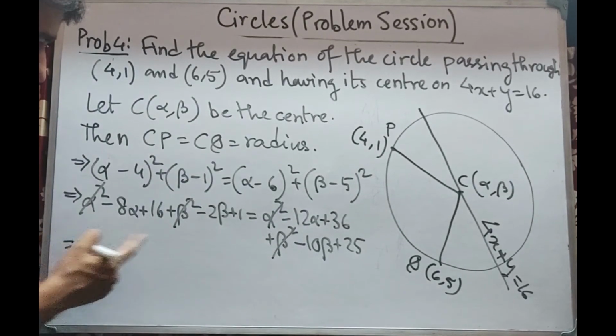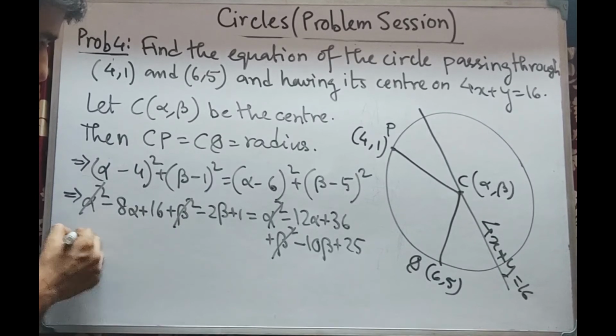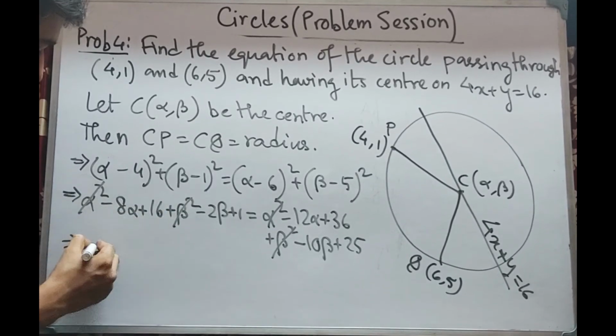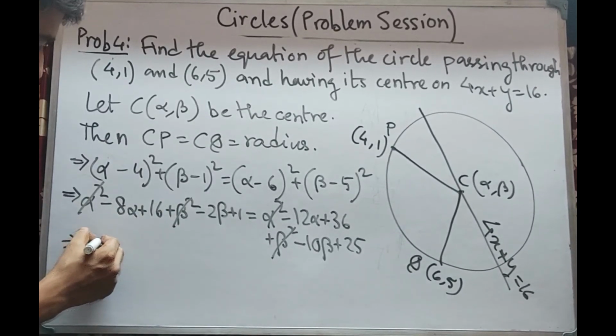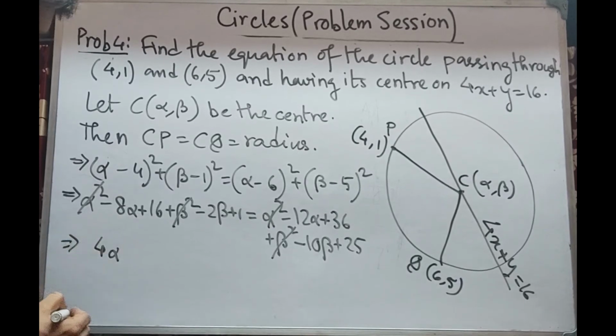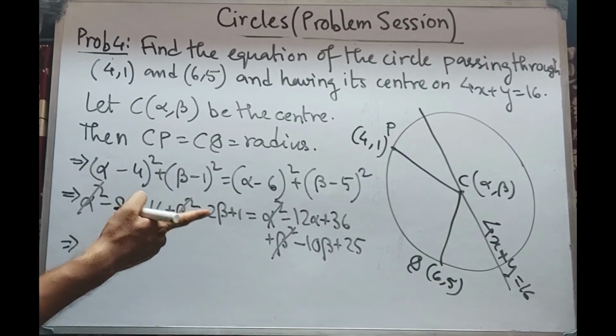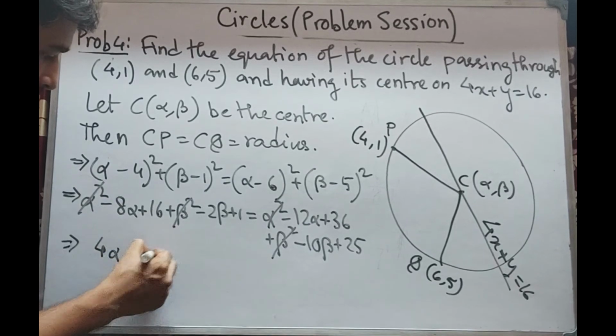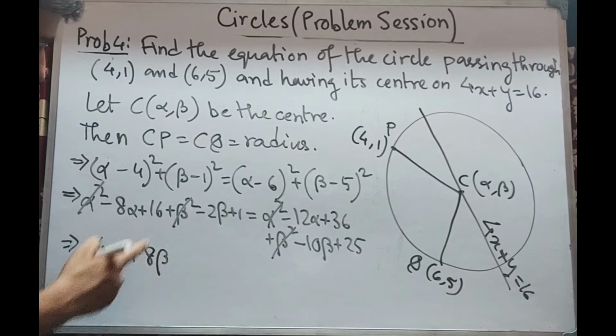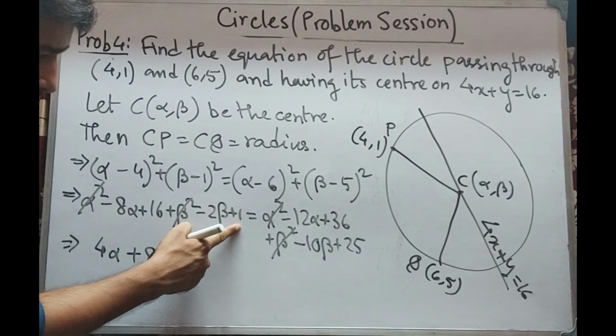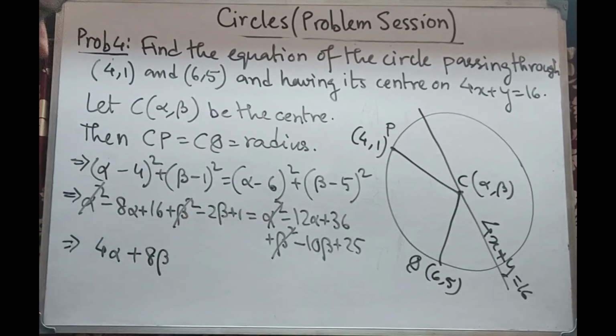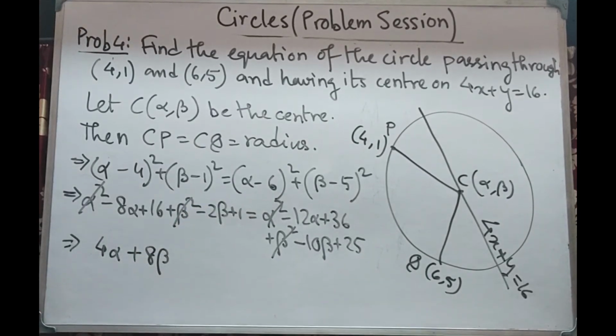So you see, if I take the 12 alpha on the left side, we are having 4 alpha. If I am taking the 10 beta to this side, we are getting 8 beta. And here it is 16 plus 1, 17, and there it is 36 plus 25 means 61.